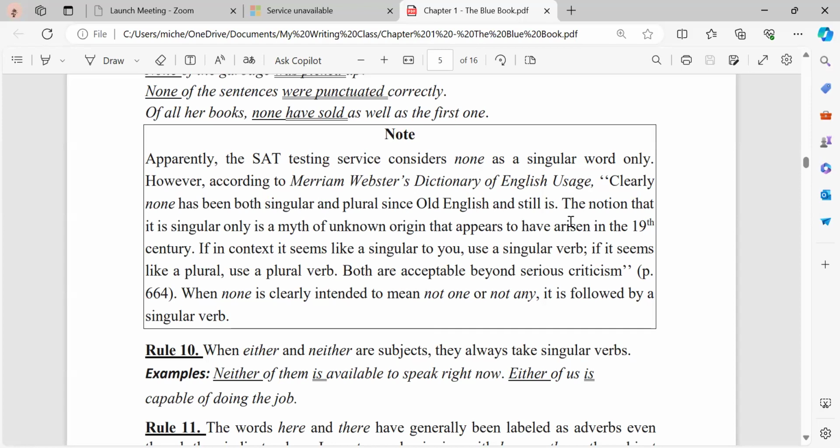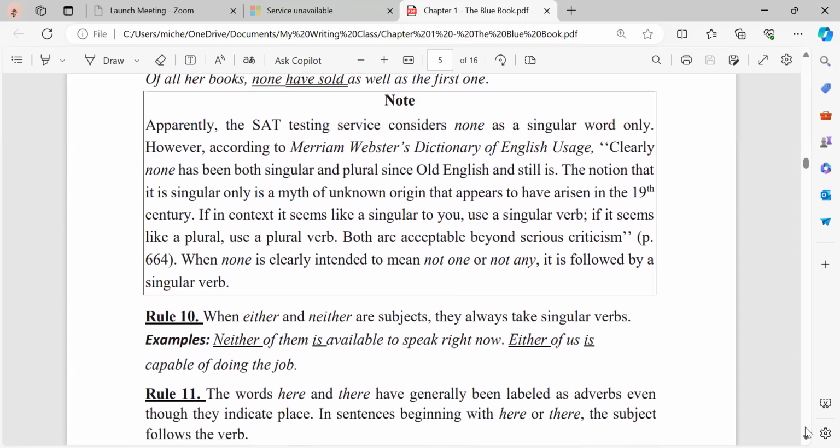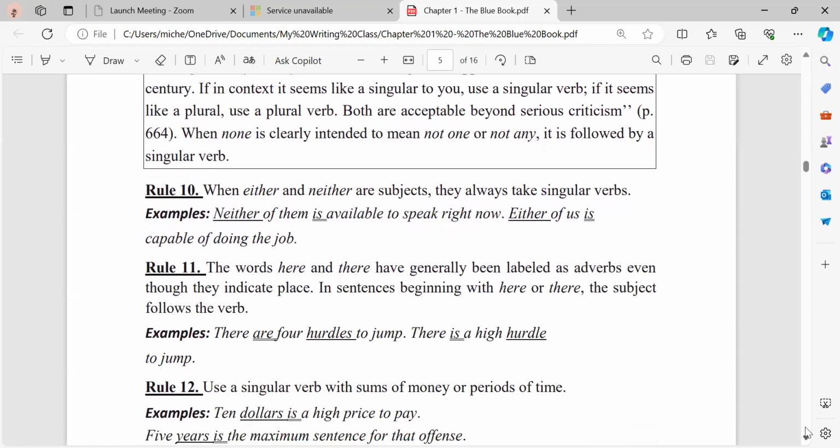So basically, in real life context, if it seems singular, then we use a singular verb, and if it's plural, then we use a plural verb. It's basically based on the context. There's no right or wrong with none. It can be both singular and plural.